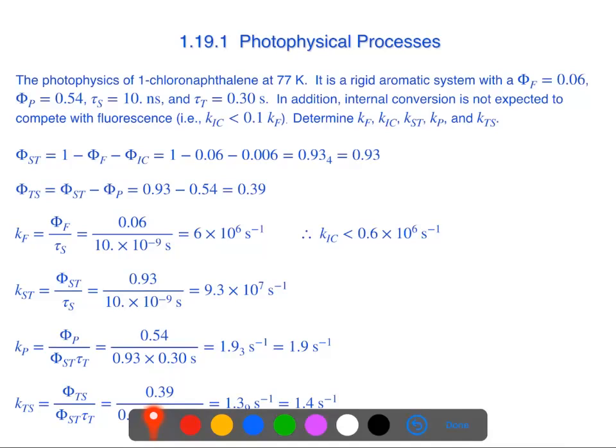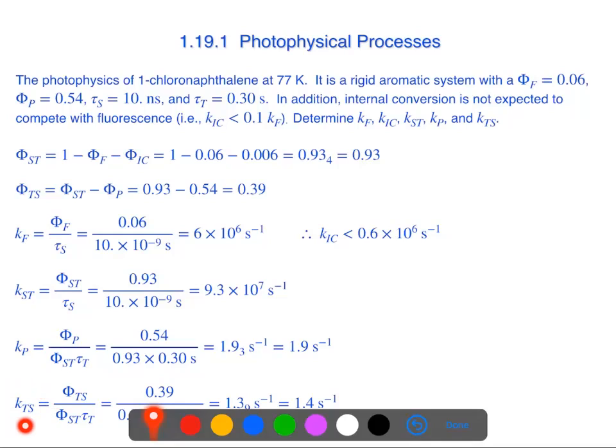The rate constant for phosphorescence can be calculated in a similar manner. Again, substituting into our expression from the previous slide and rearranging for the rate constant, we take the phosphorescence quantum yield divided by the product of the intersystem crossing quantum yield and the triplet lifetime. We end up with a result of 1.9 per second.